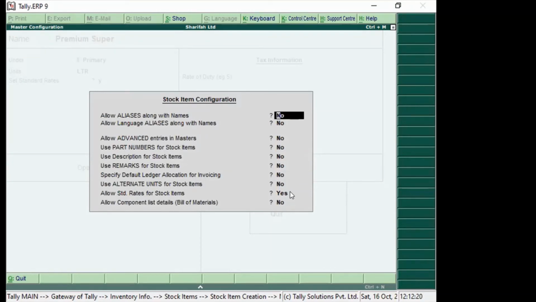When you go to configure, make sure that allow standard rates for stock items, make it yes, because it is no. This is a major configuration. If you don't see it, always go and configure, because it allows you to put the selling price and the cost price.